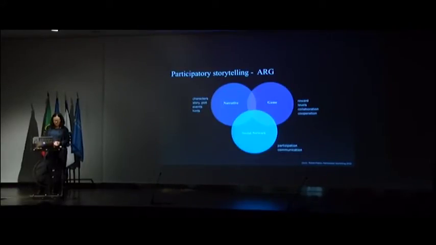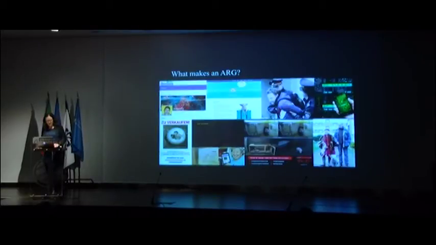In the narrative, we have characters, story, plot, events, and hints. And in the social network, we have participation and communication. Combining them, according to this model from Robert Pratton, all these elements are in an alternate reality game.